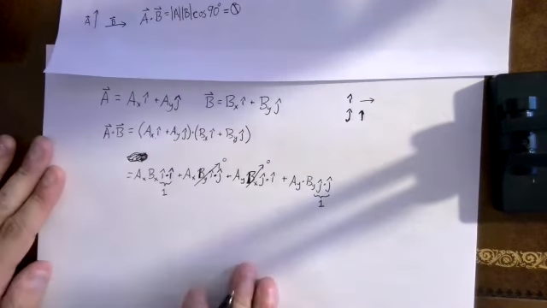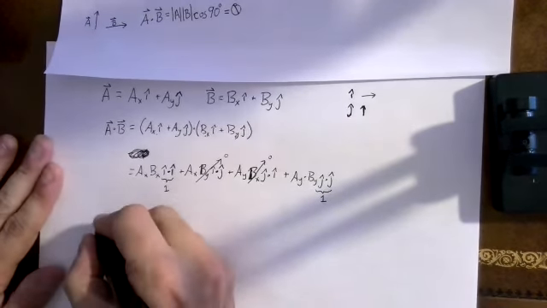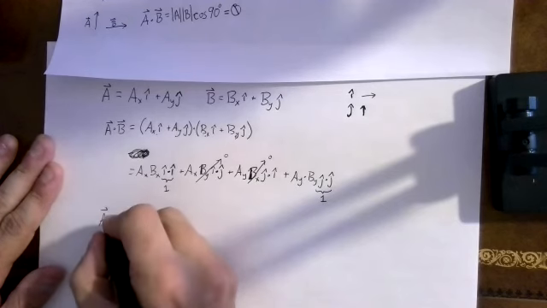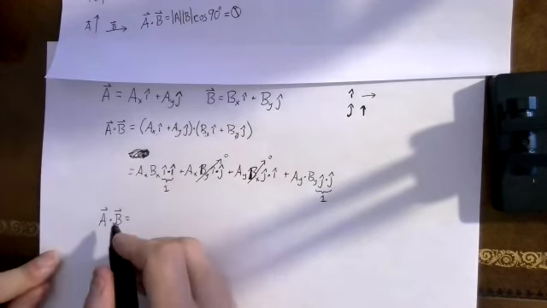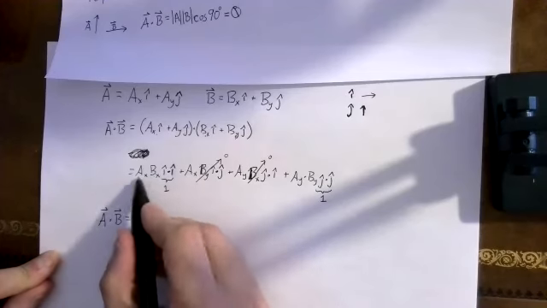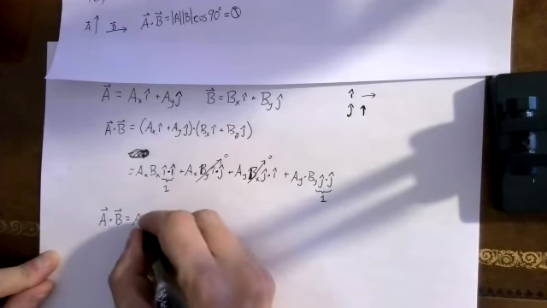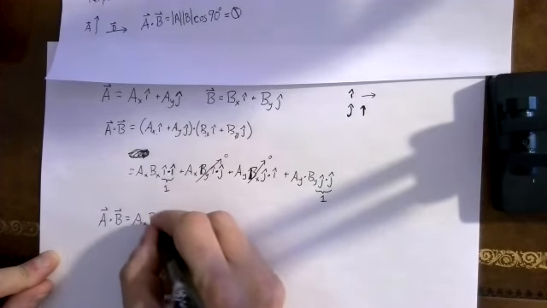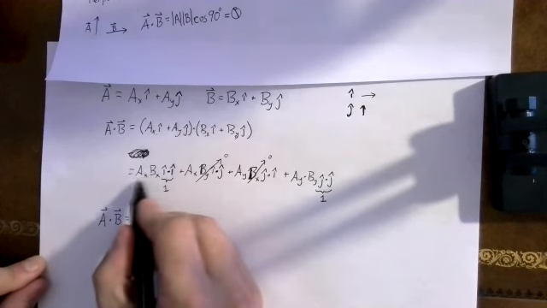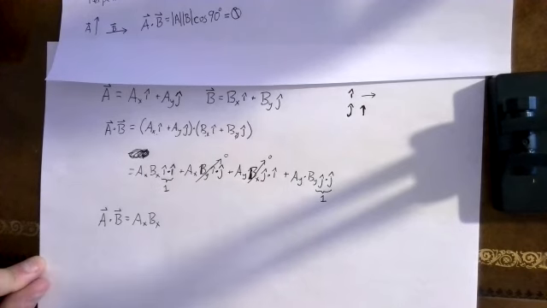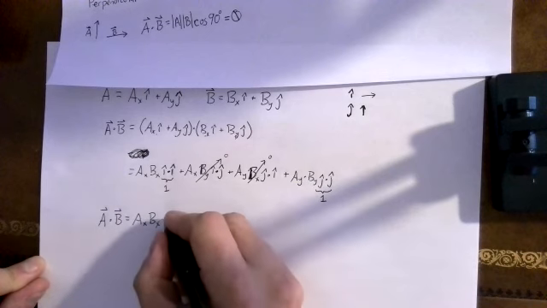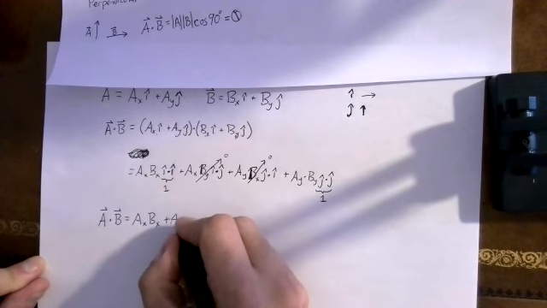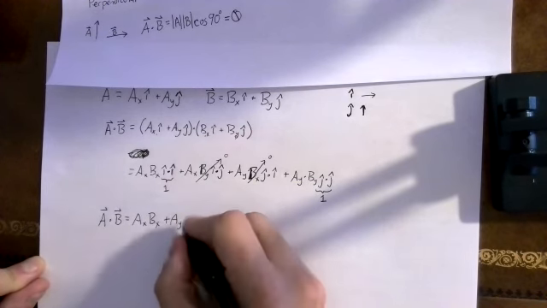So that means we get a nice simple equation now for the dot product if we know what the components are. A dot B is just equal to the x components multiplied together, Ax Bx. These are not vectors anymore, these are just numbers, components. And then plus Ay times By.